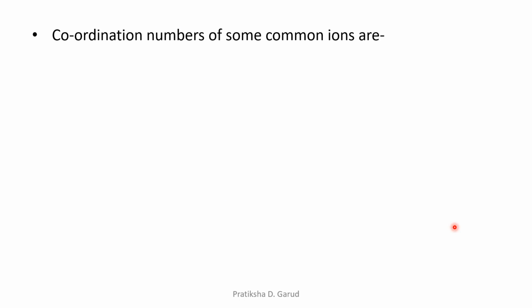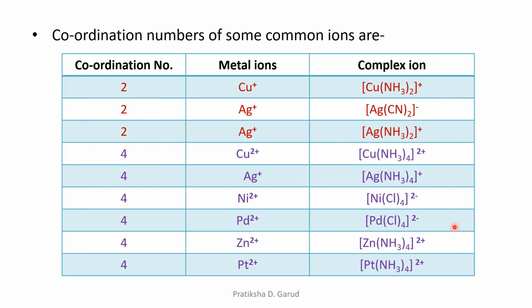So, let us see a table of the coordination numbers of some common ions. This is the table showing the coordination numbers of some metal ions and also their complex ions. The first 3 rows show the coordination number 2. Coordination number 2 means the central metal atom or the ion is attached to 2 coordinating groups.